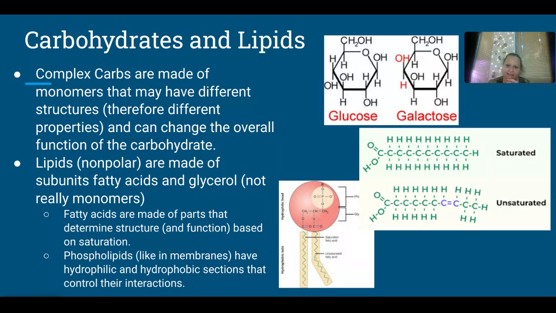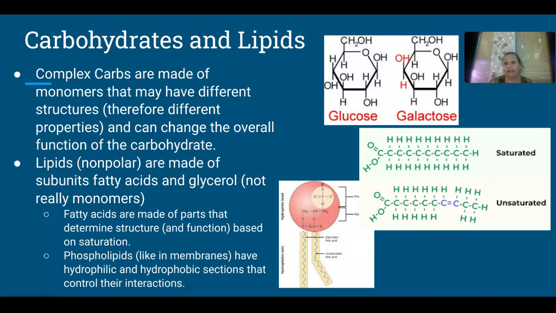The only difference is on the number 5 carbon there, because remember, we always start counting from the carbon to the right of the oxygen. So it's that number 5 carbon, the one to the far left of both diagrams. If you'll see there, the hydrogen and hydroxide are reversed from each other, right?